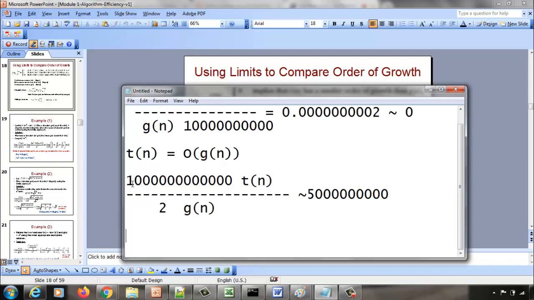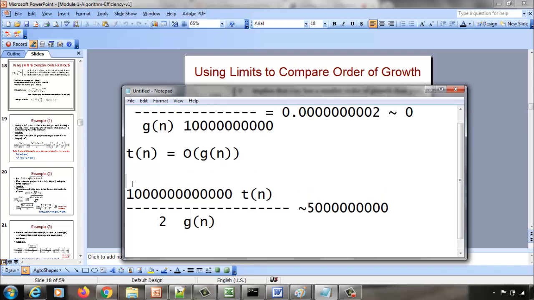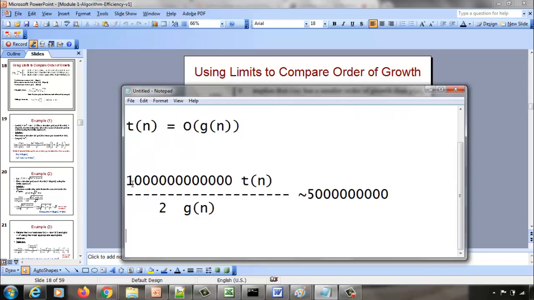So if you want to now relate the two, T of n and g of n, the big function is the T of n function. So you write that inside the big O notation. And on the left hand side, we can say g of n equals big O of T of n. So always write the bigger function, the larger function, the function that goes faster, however you want to call it, inside the big O notation.